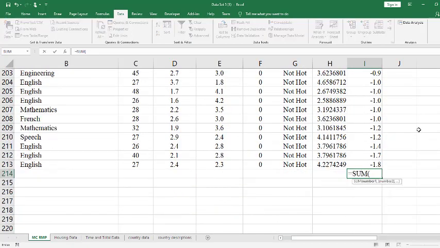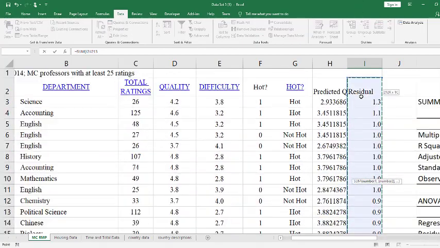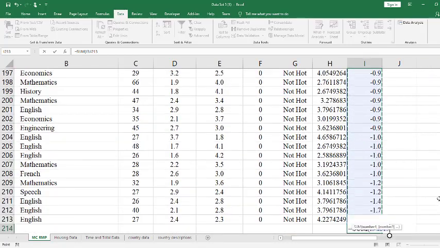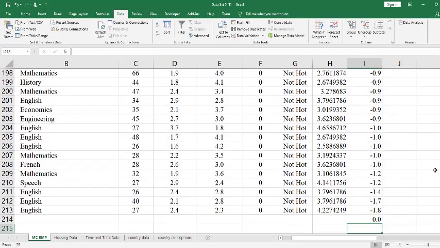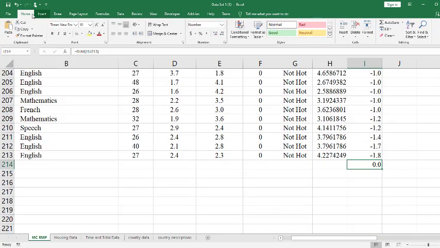If you sum all these residuals, you'll always get 0. Not just about 0, not just around 0, exactly 0.